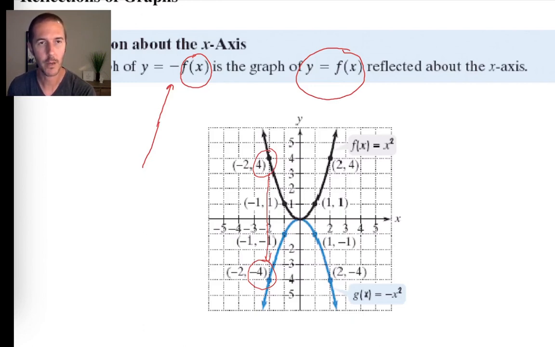So anything that was above becomes below, and anything below goes above. Anything that's on the x-axis, like this parabola, has a vertex that's at the origin, which is on the x-axis. You don't see a change in that one. That one's just sort of folding over on itself and does retain that y value of 0.